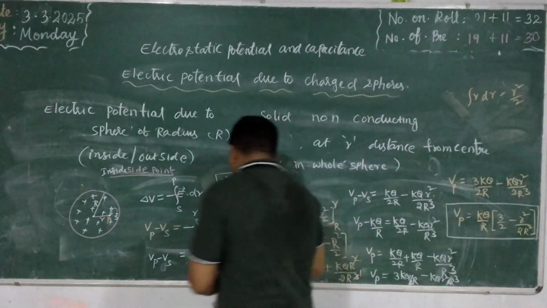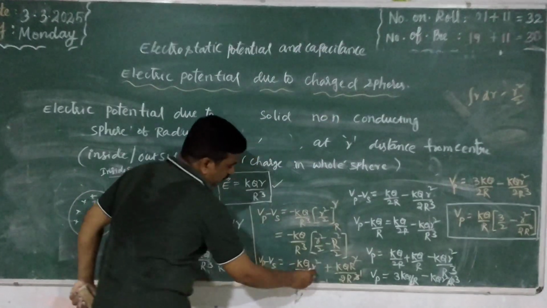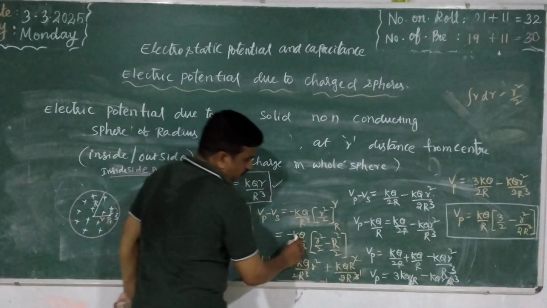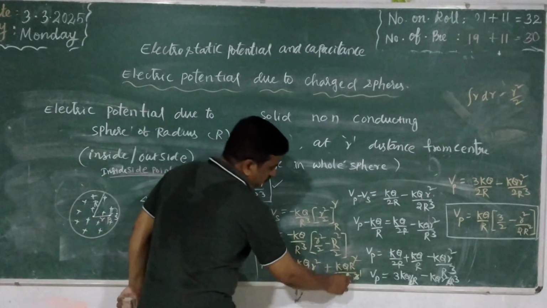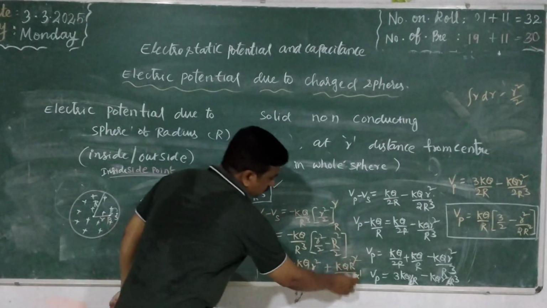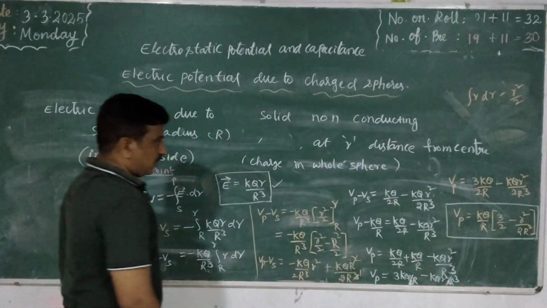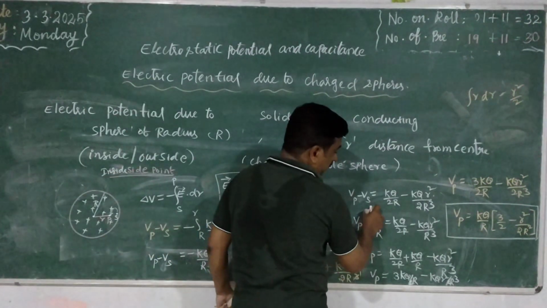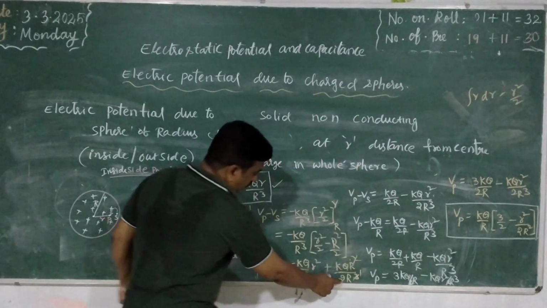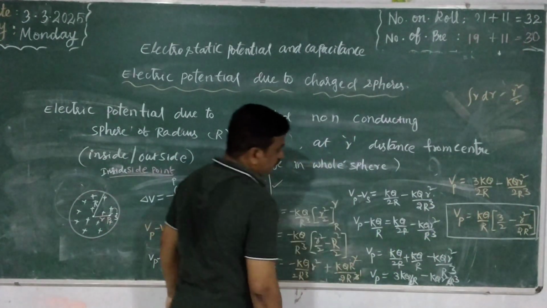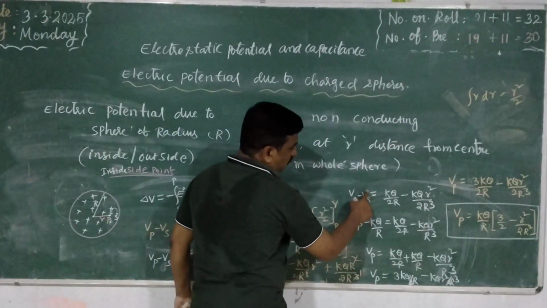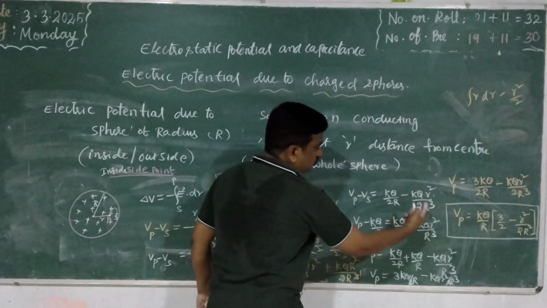We can multiply now. See, KQ small r square by 2R cube, minus into minus gives plus KQ capital R square by 2R cube. So R square cancels, 1 is there. See, we can write potential at P minus potential at S equals minus KQ r square by 2R cube plus KQ by 2R. In this, see, potential on the surface is KQ by R, it will change to that side, means plus.